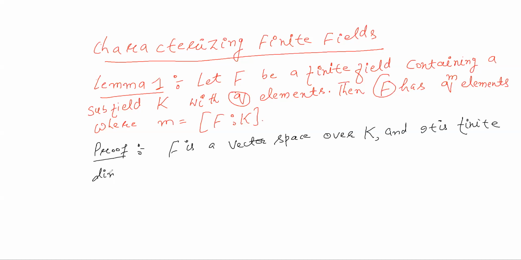Of course it would be finite dimensional because F itself is finite, so it cannot be an infinite dimensional vector space over K. So denote this dimension by m. So let m equal the dimension of F over K. So F has a basis over K consisting of m elements.